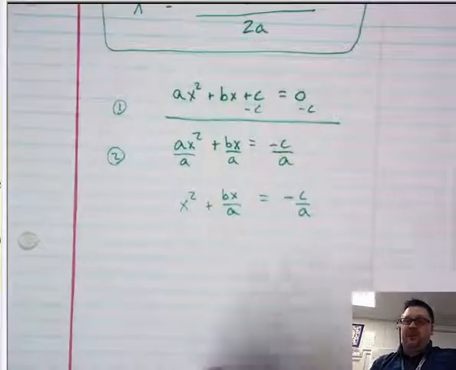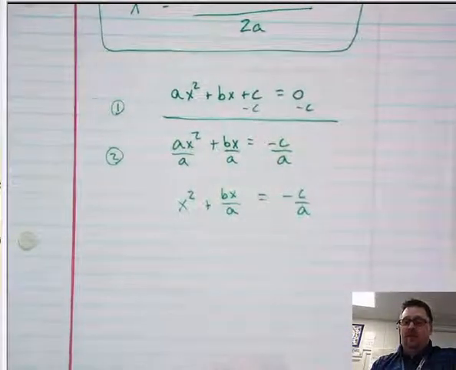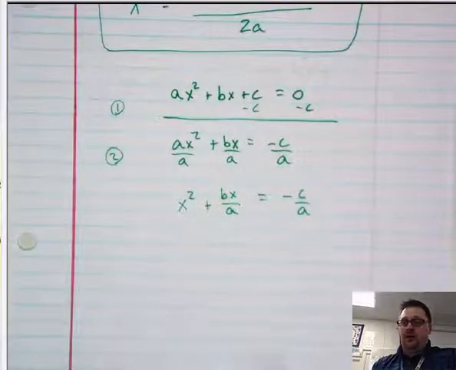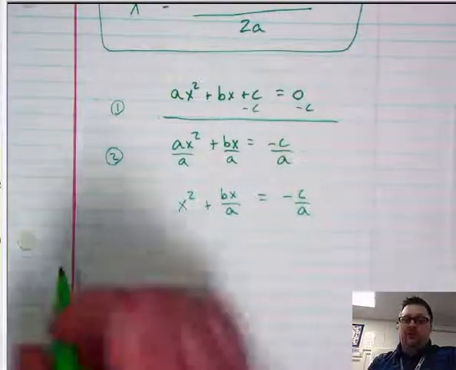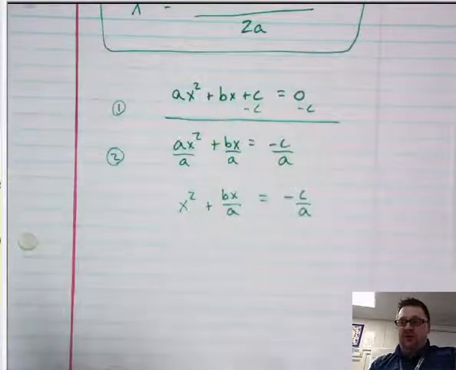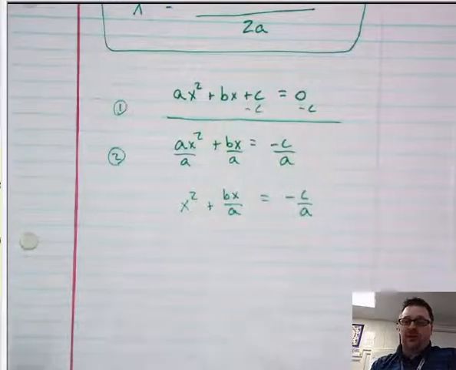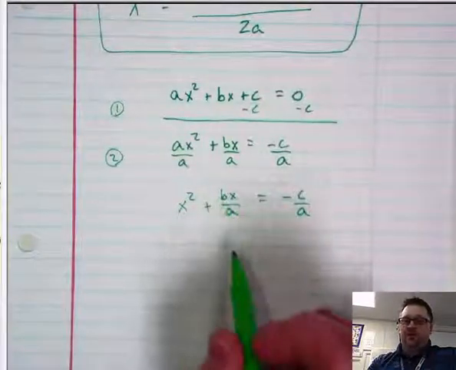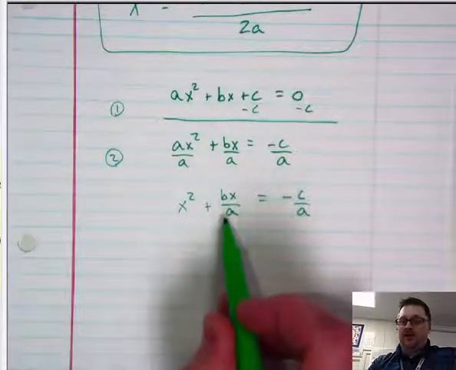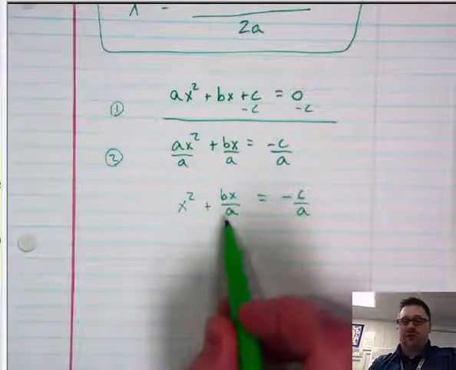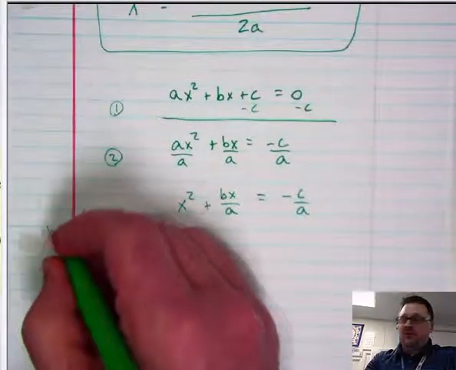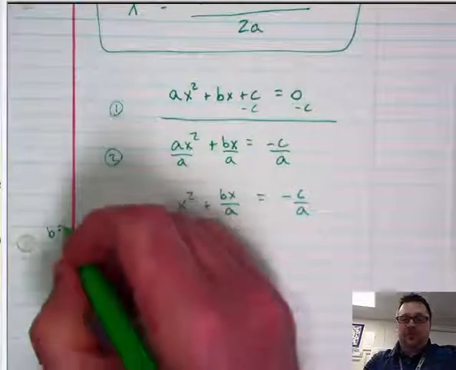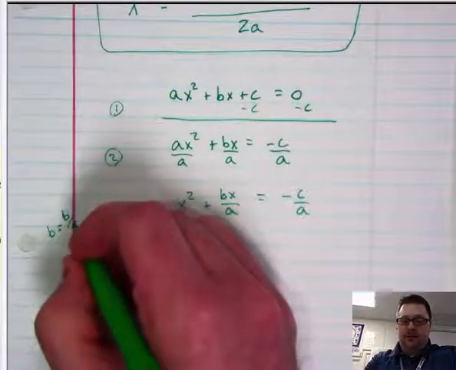Now, if you think back to other lessons where you've completed the square, this is where we would go over to our sidebar and figure out what b is, take half of b, and square that. This is our b value right here if we look at b over a as a fraction of coefficients. It looks a little weird, but it's really b over a.